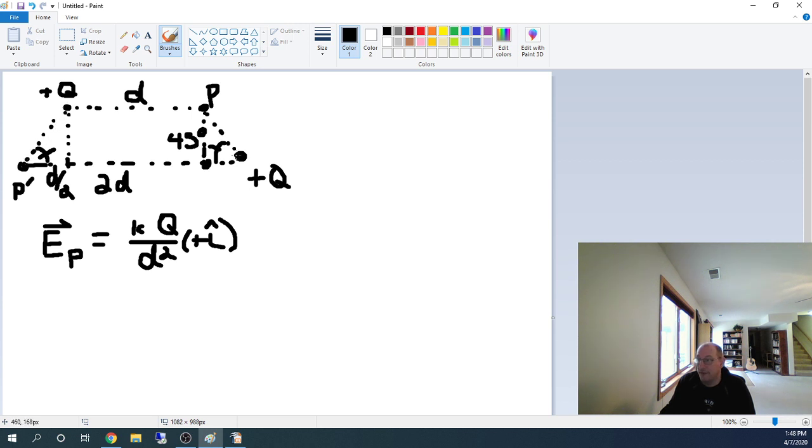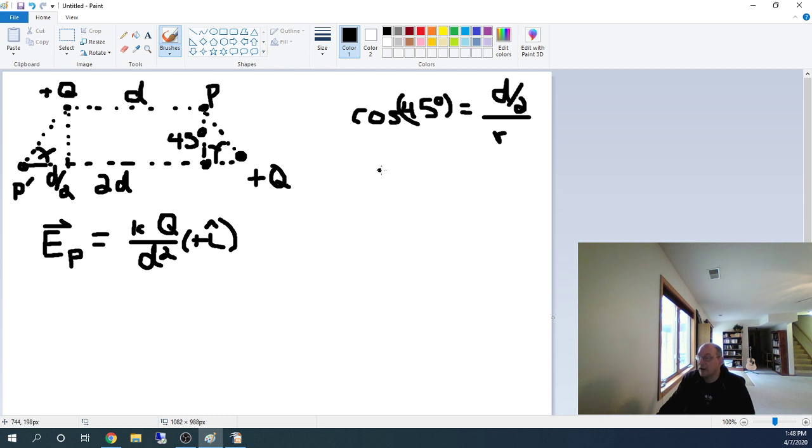Okay, so using that, since this is a 45-degree angle, I can figure out what this distance is, and that would be the same distance as it is over here. So using my trigonometry, I know that the cosine of 45 is equal to the adjacent leg over the hypotenuse. The hypotenuse is what I want to know. So that's D over 2 over the hypotenuse, which I'm just going to call R for now. That's the distance between this charge here and that spot up there.